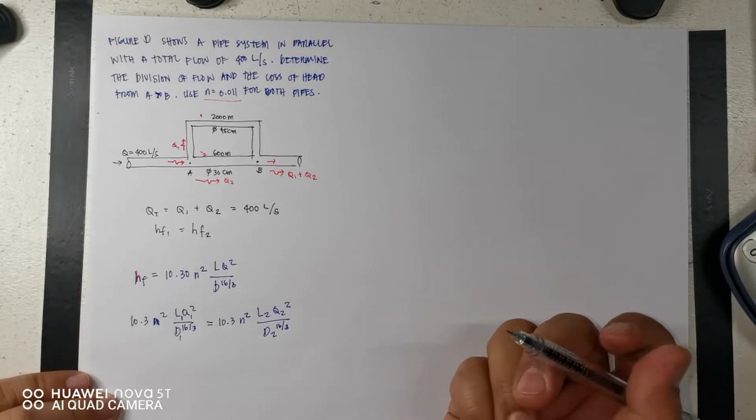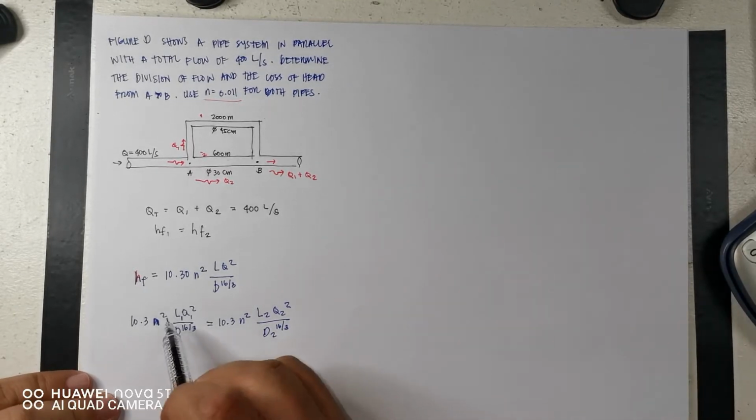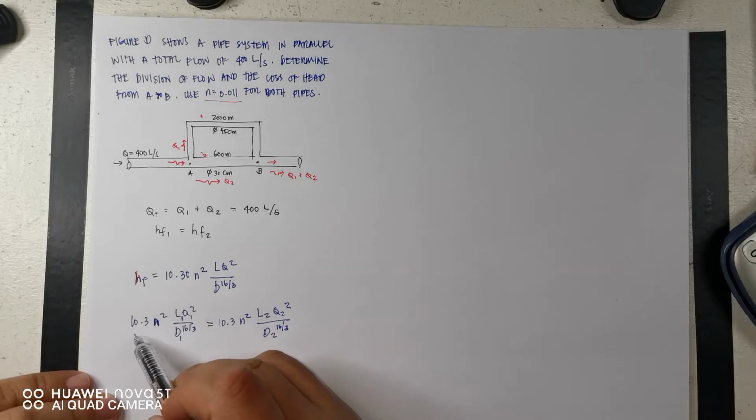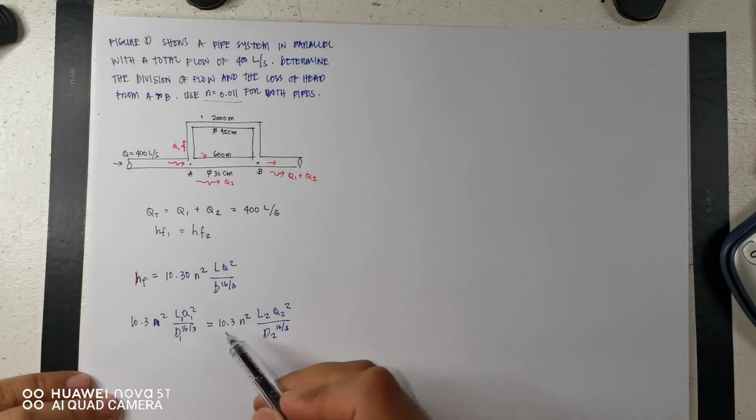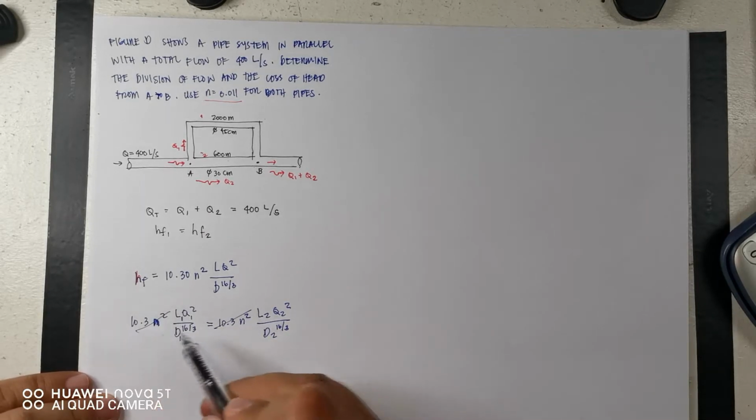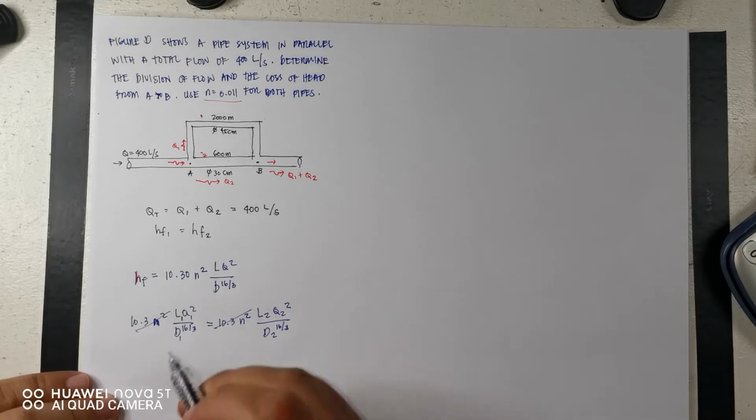Yan ang ating working equation. So, alam naman natin that 10.3 n squared, pwede natin yung i-cancel. Matitira na lang is itong dalawa.